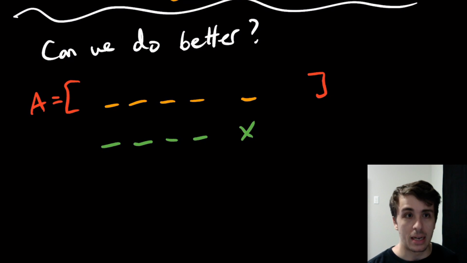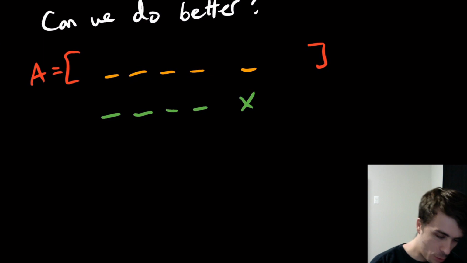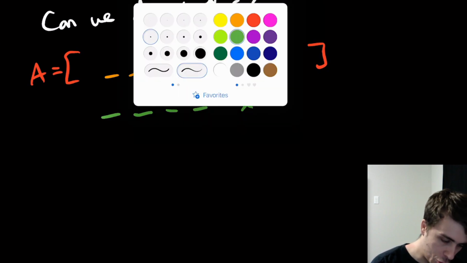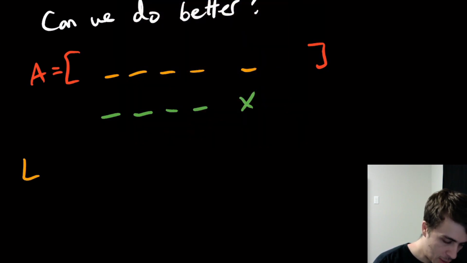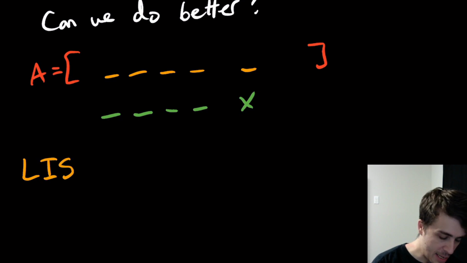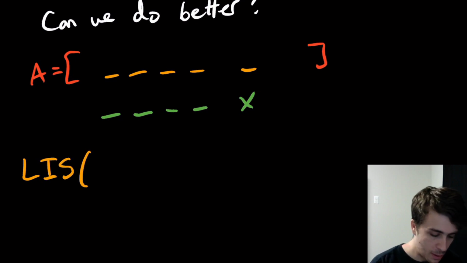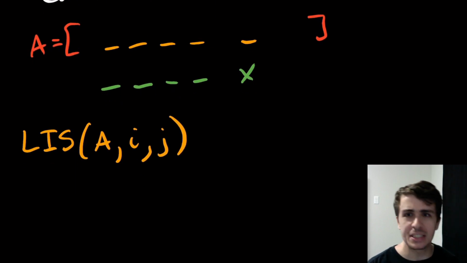So here's how we're going to do this. I'm going to define a function right here, LIS of A, i, and j. This is a very common strategy in dynamic programming.